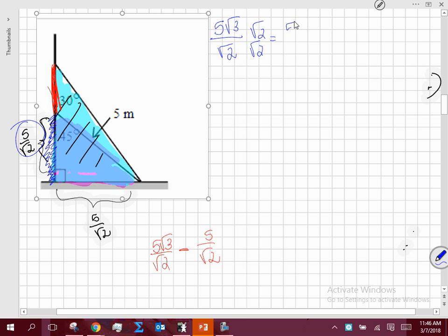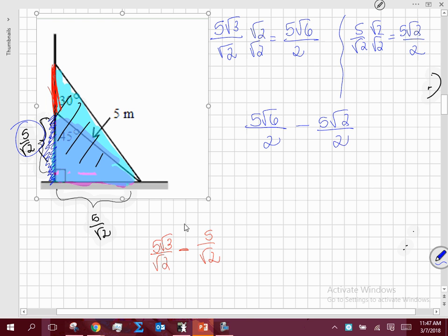That's going to give me 5 radical 6 over 2, correct? Okay. Then I've got the 5 over radical 2. I'll rationalize that, and it gives me 5 radical 2 over 2. So now I'm going to subtract those things, right? Okay. They have the same denominator. That's good. So I got 5 radical 6 over 2 minus 5 radical 2 over 2.